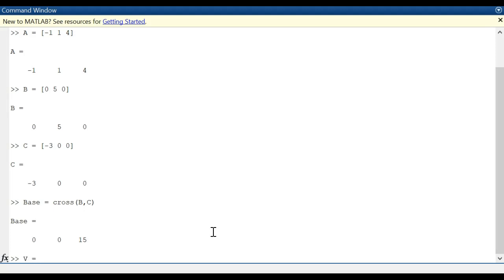Volume should be A dot the base, so it's going to be dot A comma base. And if I take that, I just got 60, which gives me the volume of that parallelepiped, 60 units. Now it's possible for the result to come out negative here, so that's why you have the absolute value in the formula. But MATLAB did its job.